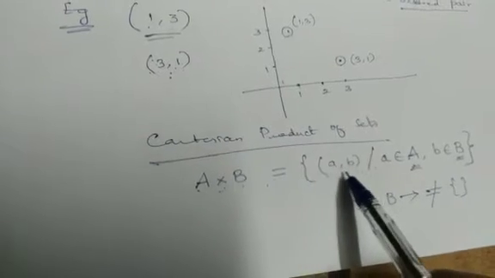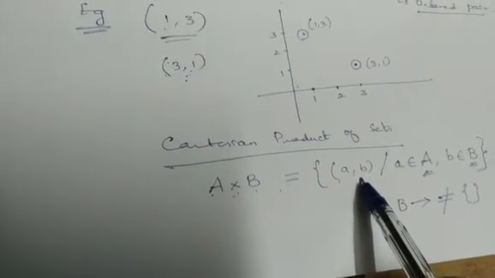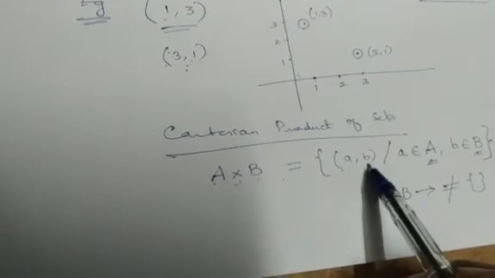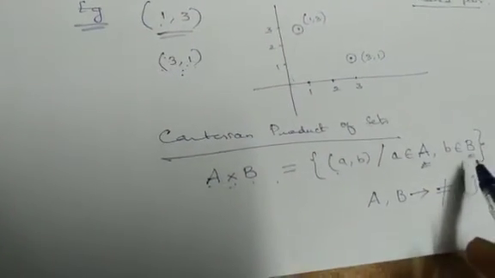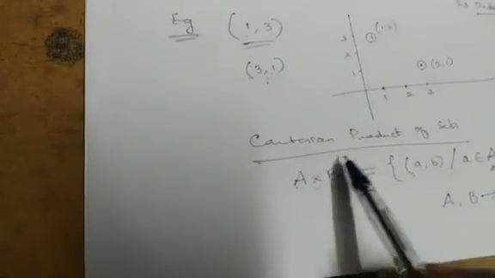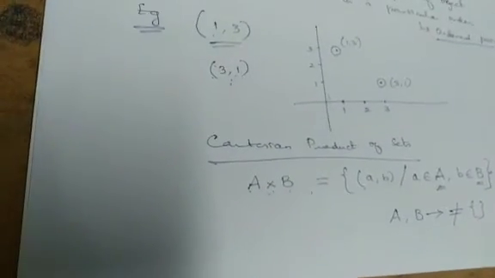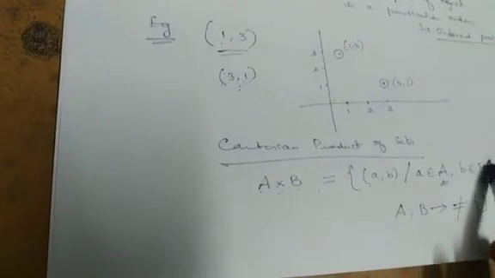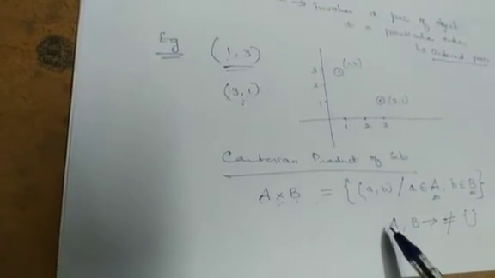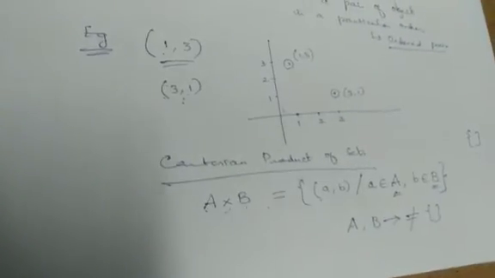This point (a, b) is represented in ordered pair form, where the first element belongs to the set A and the second element belongs to the set B. These two sets are non-empty sets. This is the formula for the Cartesian product of sets. Cartesian product means the set of all ordered pairs. Set of all means the ordered pairs are written in set form. The set of all ordered pairs of elements of two sets is called a Cartesian product.